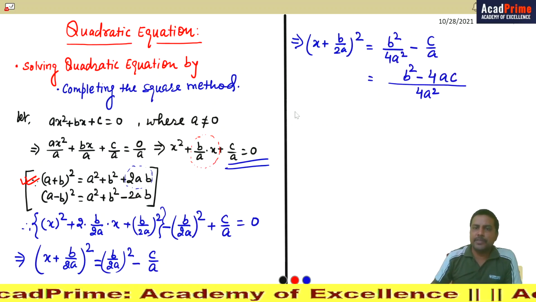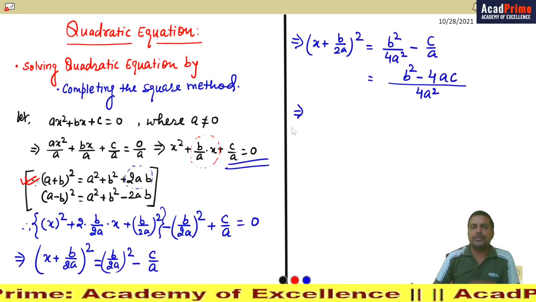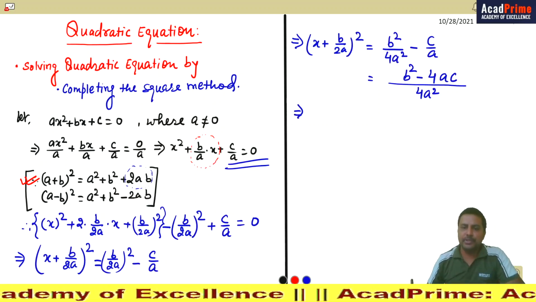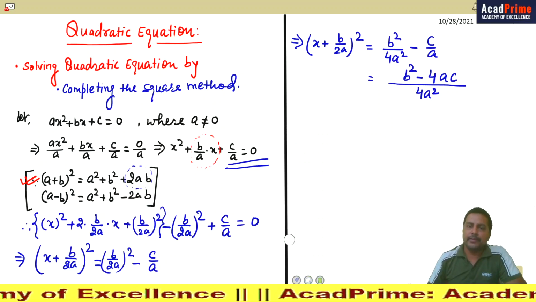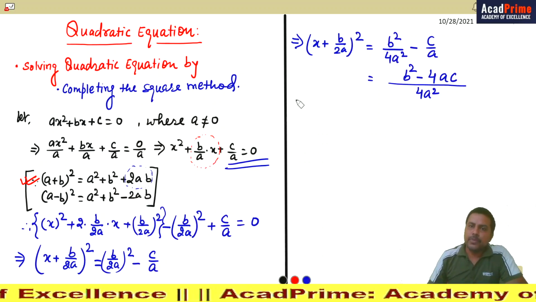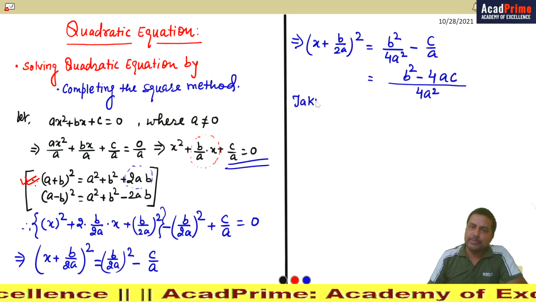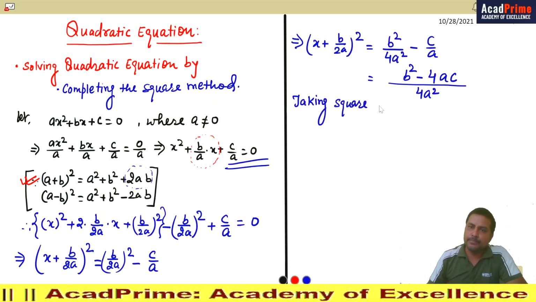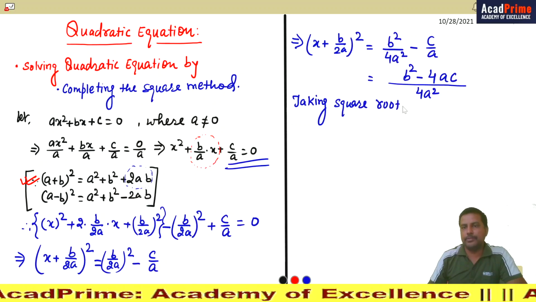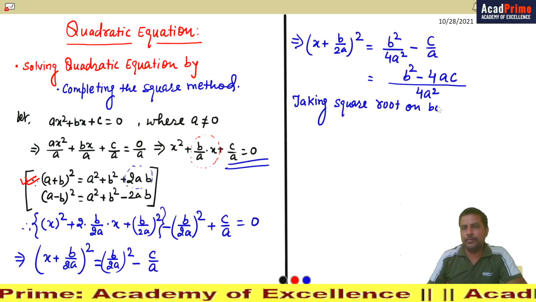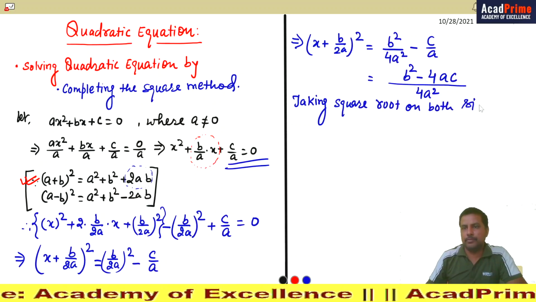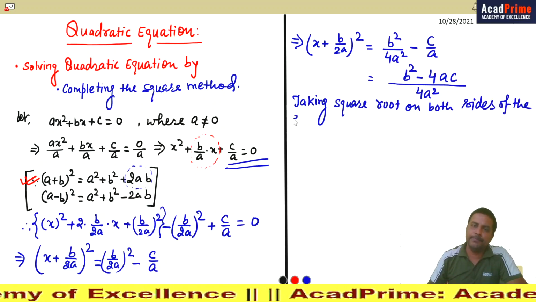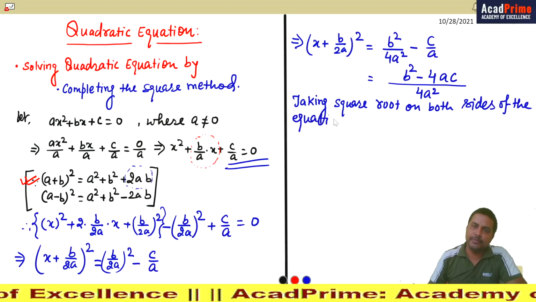Okay, just removing the square, or we can say taking a square root on both sides of the expression. I will write here: taking a square root on both sides of the equation.